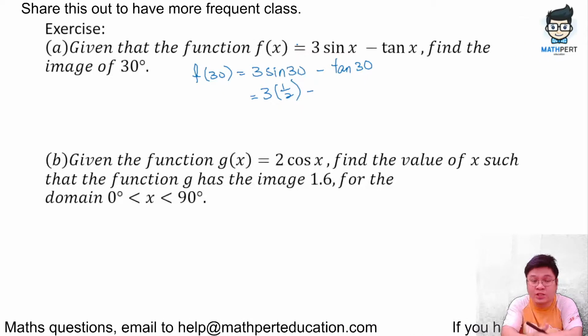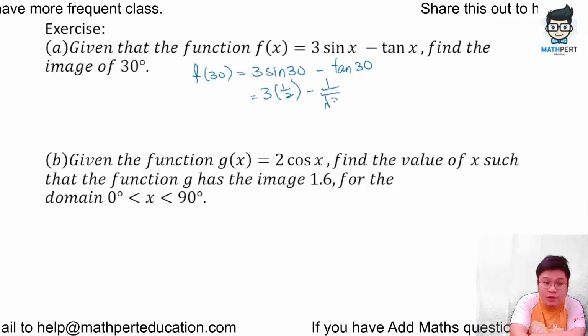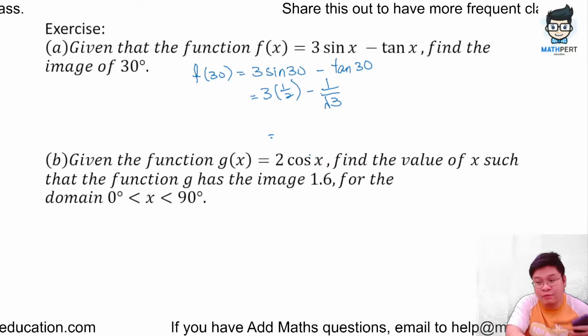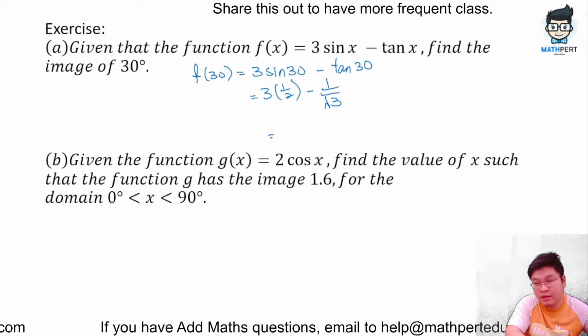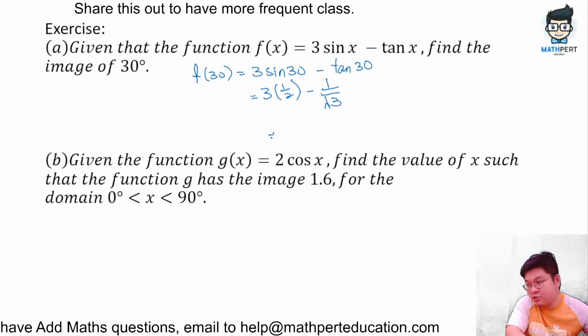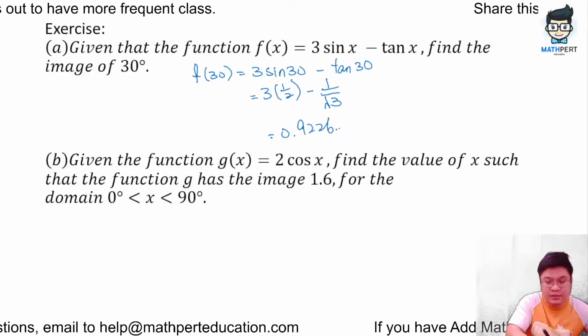Tangent 30 should be equal to 1 over square root 3. Then the answer for function f will be 0.9226.